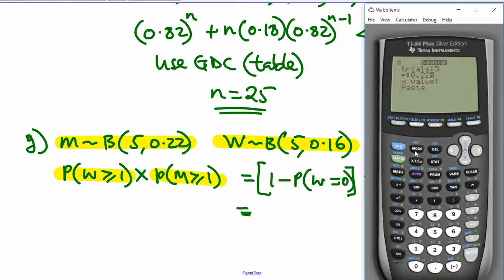So I'll go back to the home screen and work out the first one. Maybe I can use brackets.